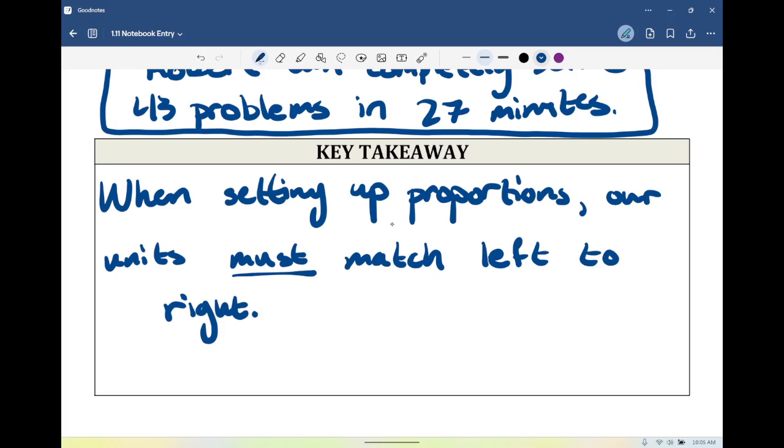Denominator and denominator, same units. So again, when setting up proportions, our units must match from left to right. If they don't, we cannot solve.